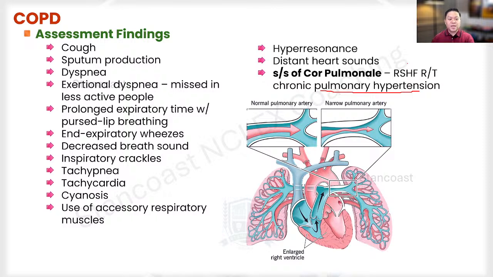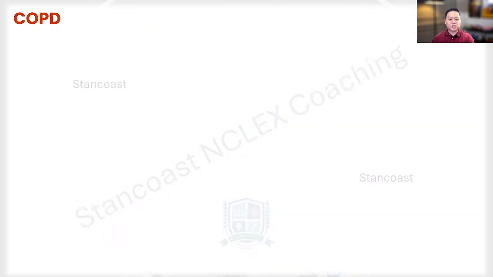Okay, going back to that complication, which is the cor pulmonale. This is again a complication to the right-sided heart failure. The cor pulmonale is in itself a right-sided heart failure because of the pulmonary hypertension.